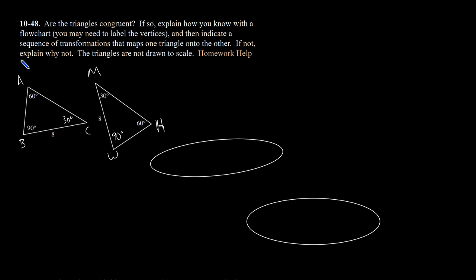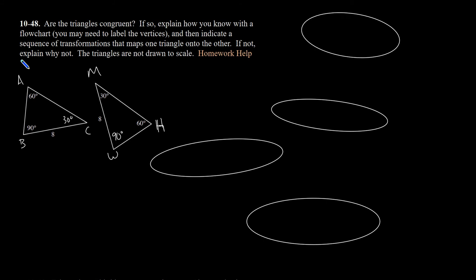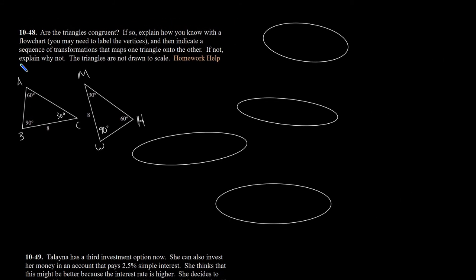So this is going to be B and W being congruent, but that requires that I establish that angle W is 90. And angle C and angle M are both congruent because they're both 30, but that requires that I establish that angle C is 30 degrees.